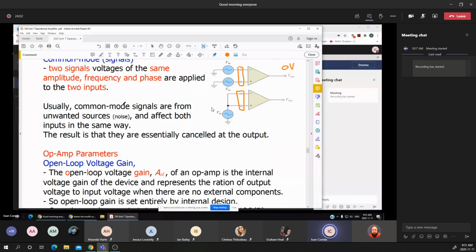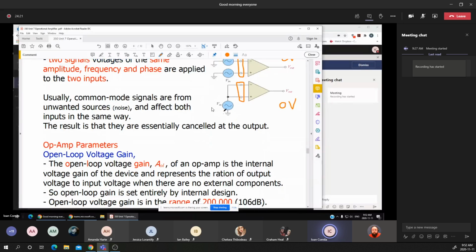That's why it's a common signal, with the same amplitude, the same frequency, and in phase, with no phase shift between the two input voltages, which will cause the output voltage to be 0 volts. Practically, the input voltage will be canceled out. Ideally, it will be 0 volts.